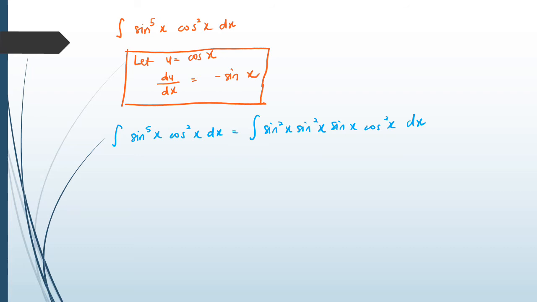How then should I be converting sine square x into cos x? I'll be using the identity of sine square x plus cos square x equals 1. Hence, sine square x is simply 1 minus cos square x.